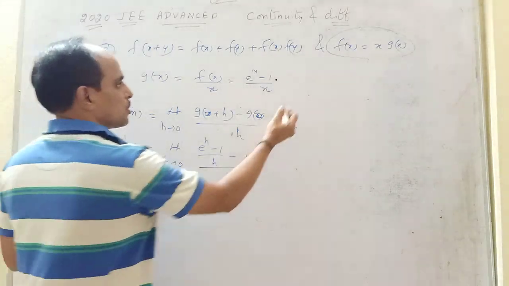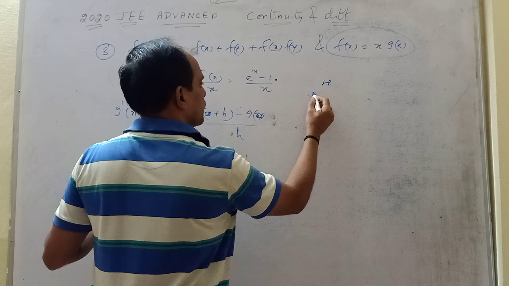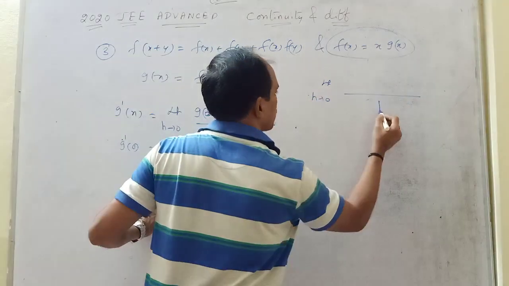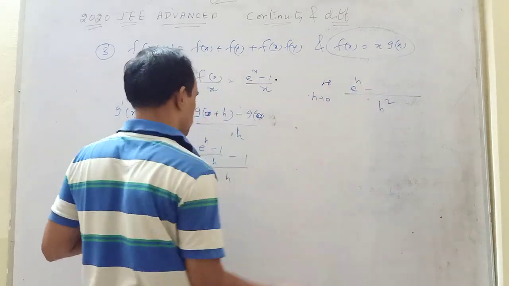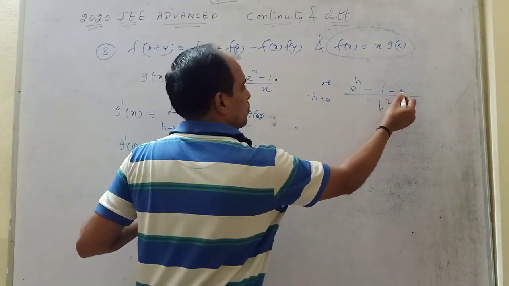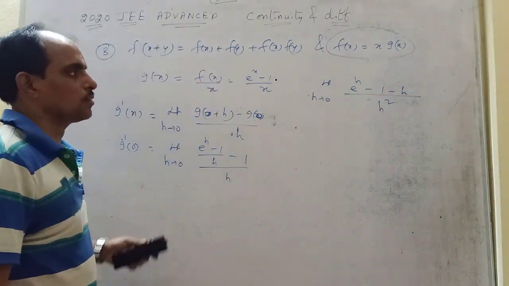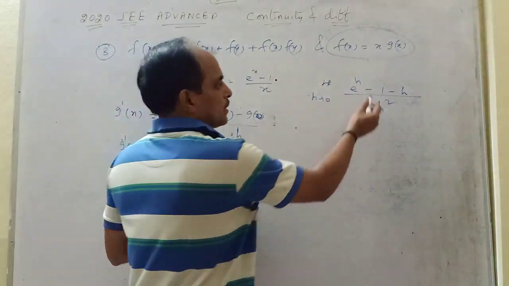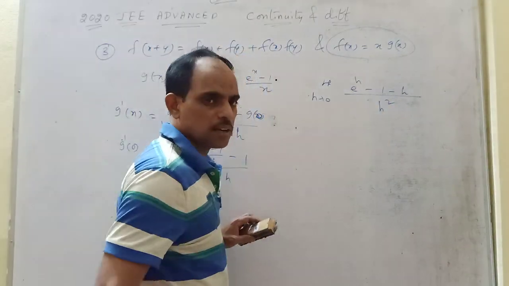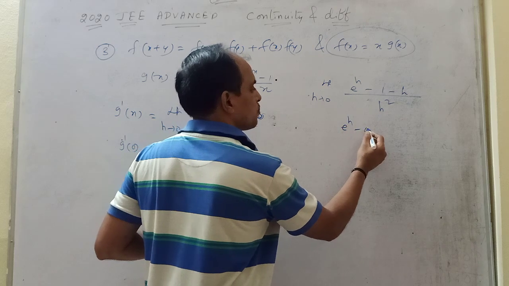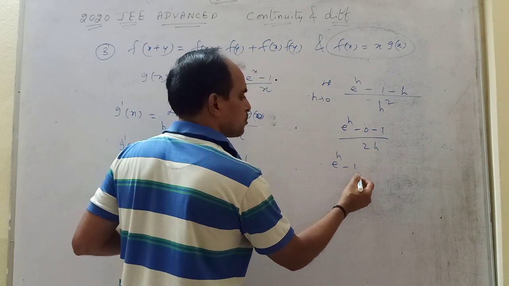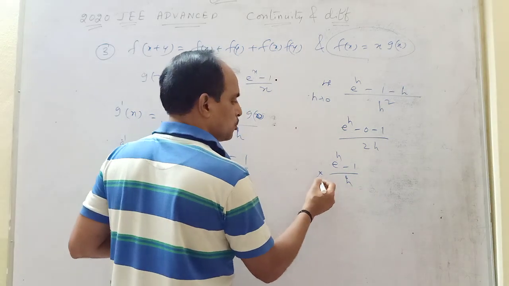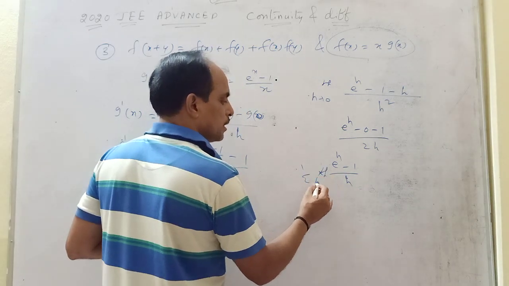So LCM is h. We have limit as h tends to 0, LCM is h square. Then what about the numerator? e power h minus 1 minus h. We find this limit by using L'Hospital rule. That is e power h minus 0 minus 1 by 2h. So we have e power h minus 1 by h into 1 by 2 as h tends to 0.